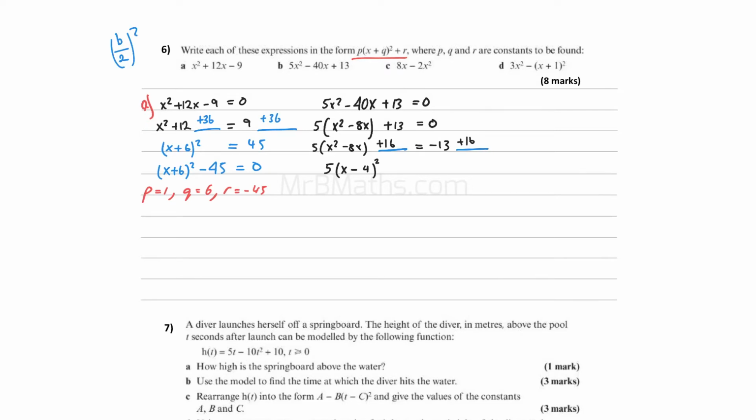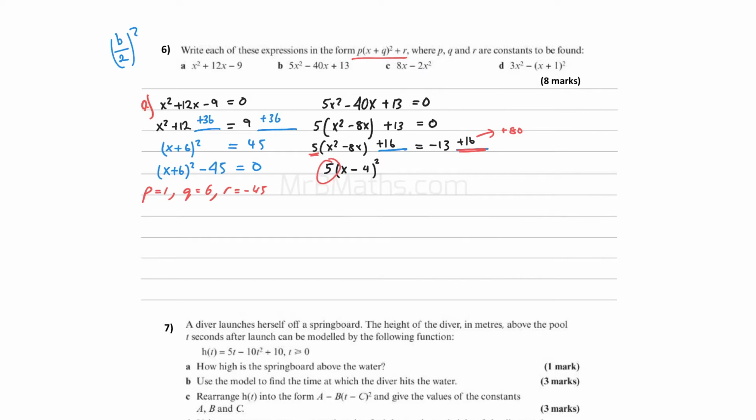Now one important thing here we need to remember is the 5 on the outside will be there to multiply out. What we must remember to do is, for the magic number, multiply that. So now what we actually need to do is do 5 times the 16, and that will change into plus 80.